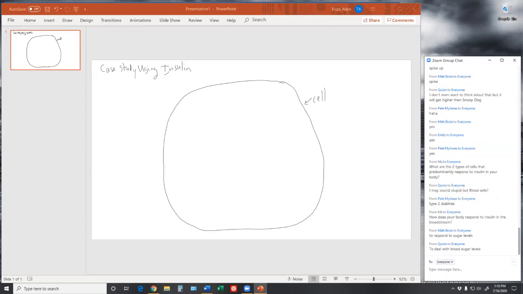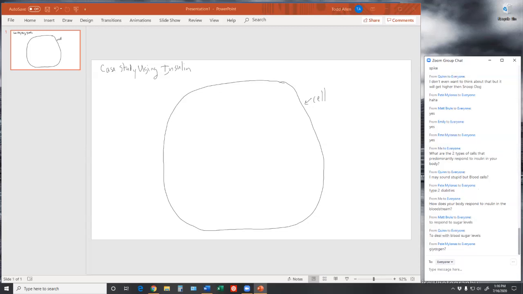Okay, Matt, to respond to sugar levels. Matt and Quinn, you gave me an answer that circled around the issue. So you're close. You both say to respond or to deal with blood sugar levels. So what do you mean? The presence of insulin should increase blood sugar levels?